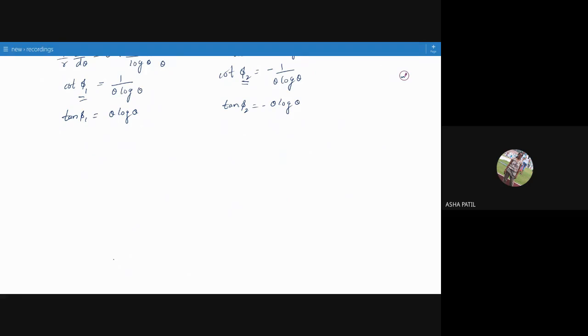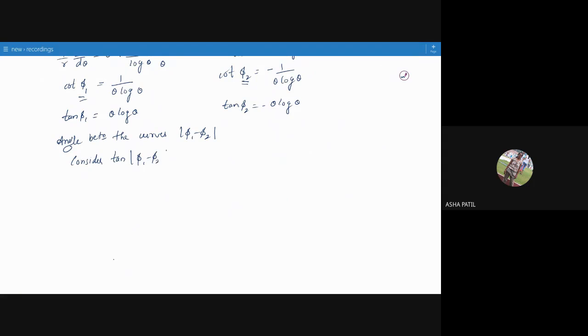Now, the angle between the curves, we know that it is given by mod of phi 1 minus phi 2. But since we cannot find phi 1 and phi 2, we'll consider tan of phi 1 minus phi 2.